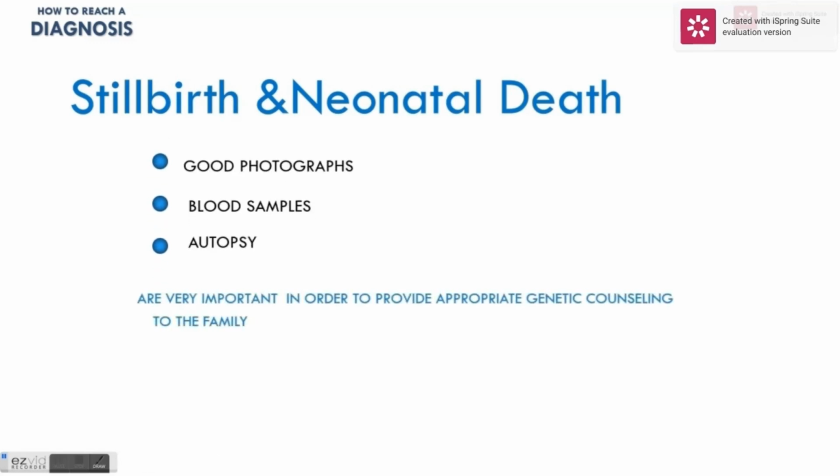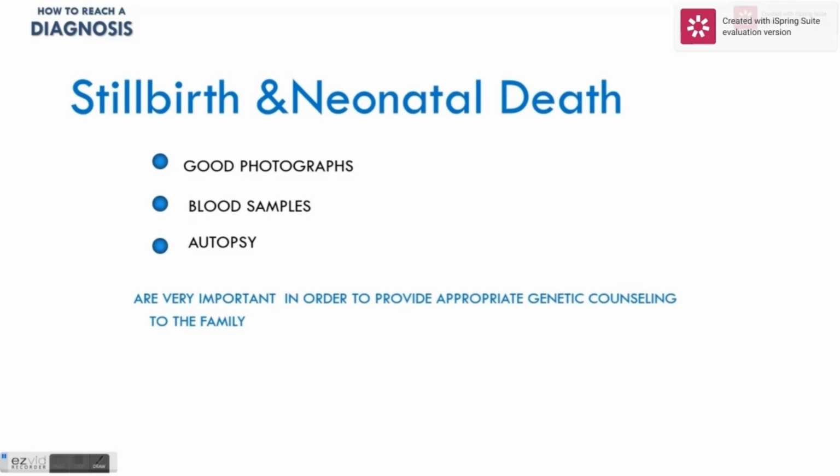It's an important group of patients not to miss: stillbirth or neonatal death, fetal death. You don't just say things are finished. No, sometimes these are genetic disorders and have implications for future pregnancies.